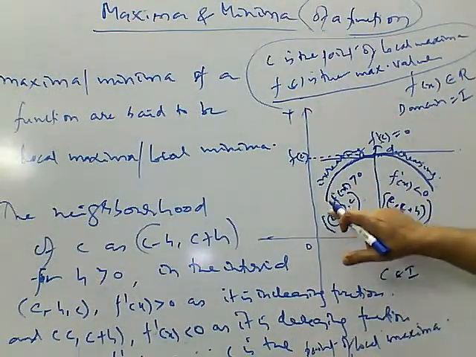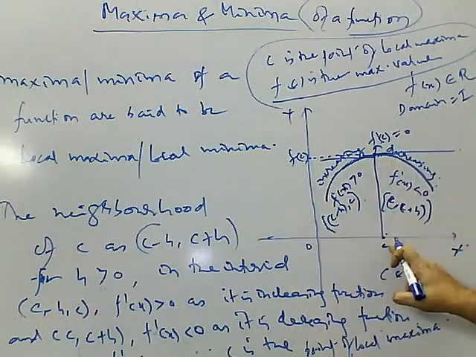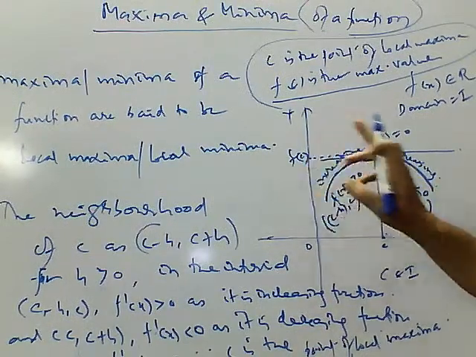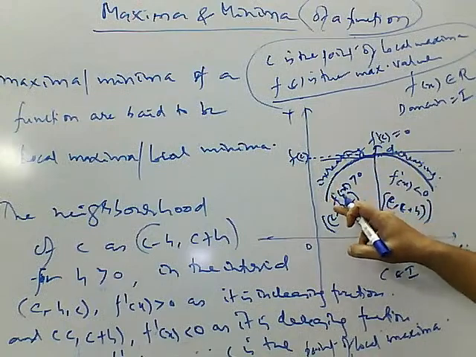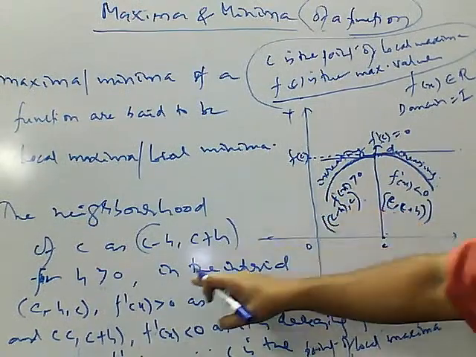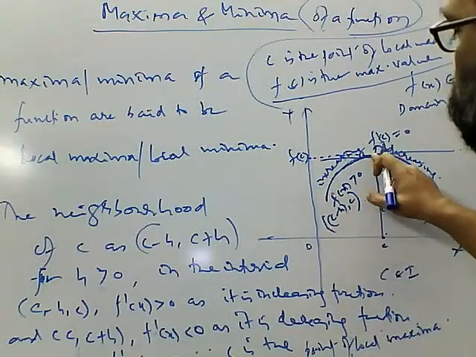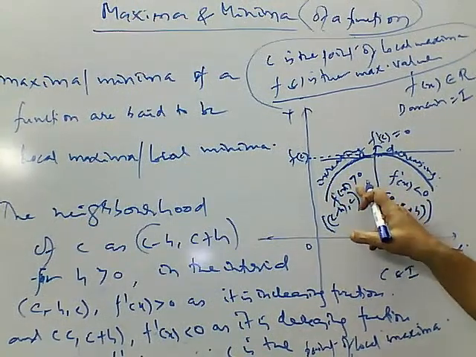So if a function is a combination of increasing and decreasing, and at a point C belonging to I we have found f dash is equal to 0, then this is the maximum value. In the left neighborhood C minus h to C, for small arbitrary h, the function is increasing, so by the first derivative test f dash x is greater than 0.